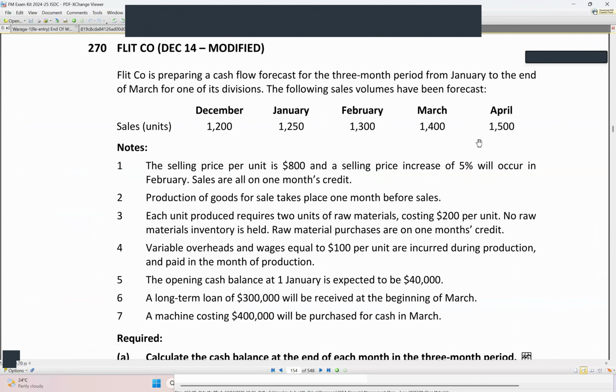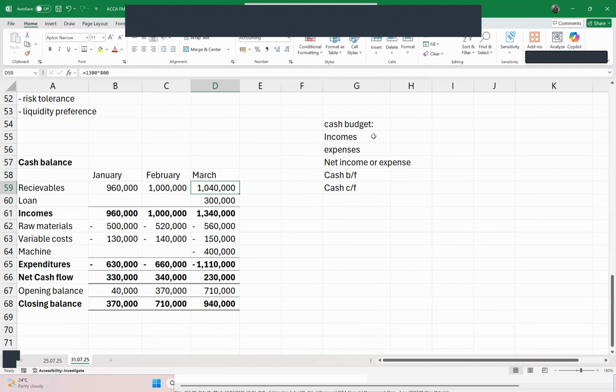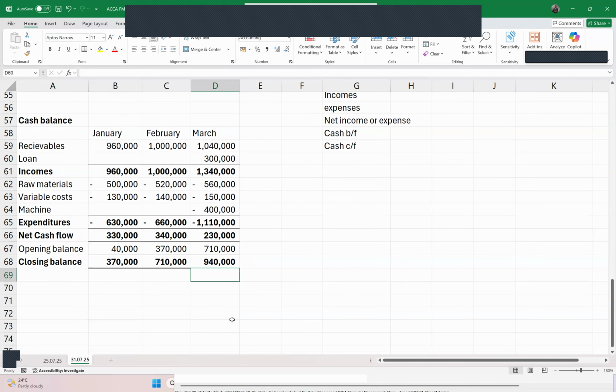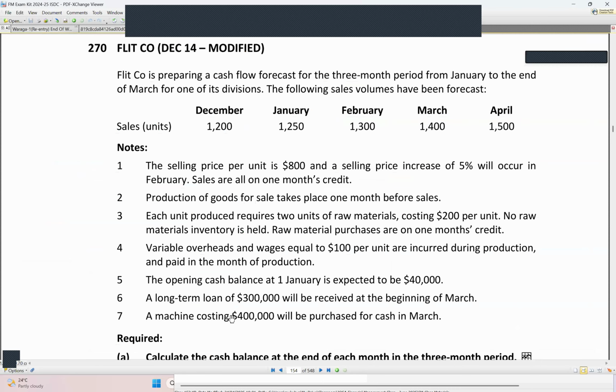For March, we'll be getting the 1,300. Yeah. Okay. So the closing balance becomes 940,000 for March. So now you realize that this is not so much of a problem. The problem is to basically follow the instructions on when the payments are made.